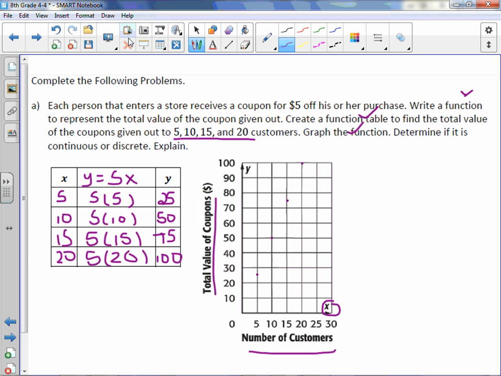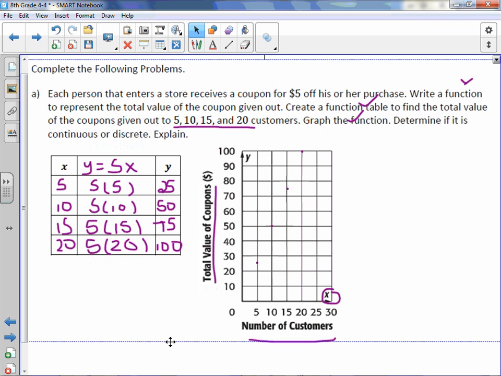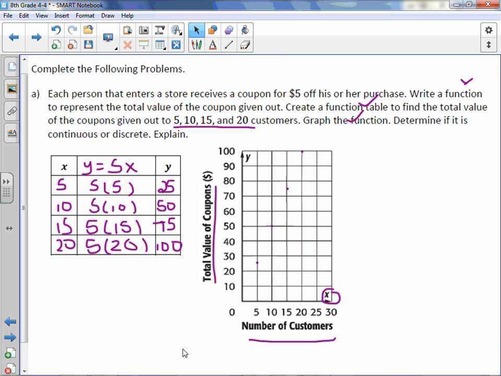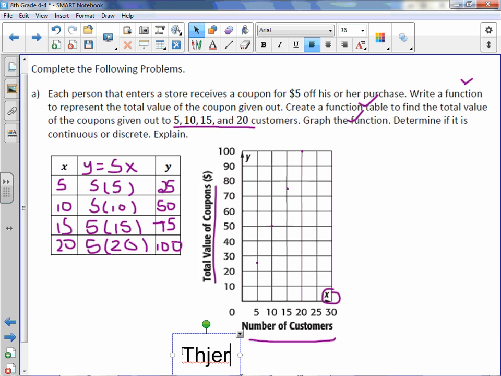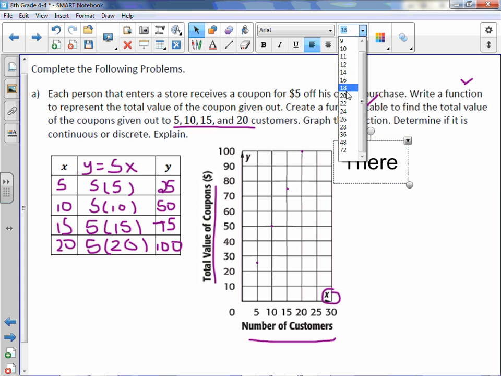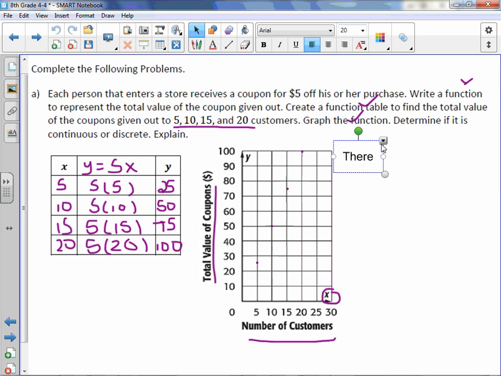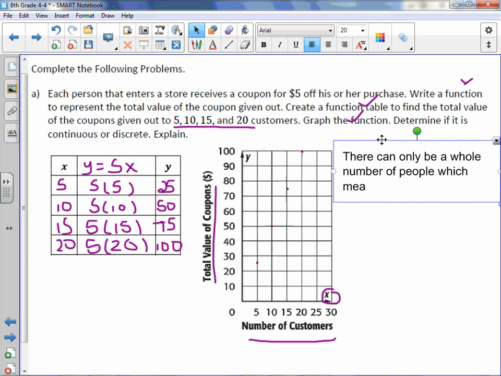So let's jot this information down because this is going to be part of our explanation. So there can only be a whole number of people, which means the points are not connected on the graph.